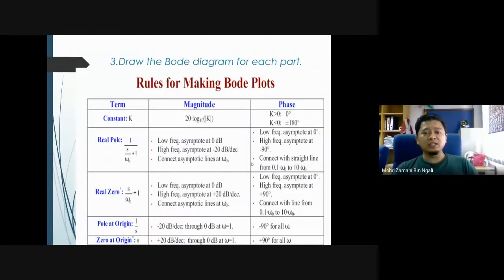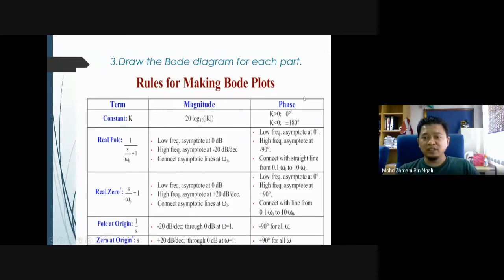Okay, for number 3, there are rules to draw all of these constituent parts. For example, for a constant, you have to draw a straight line with the magnitude of 20 log of the constant just now. Okay, so that is for the magnitude graph, or the gain graph.